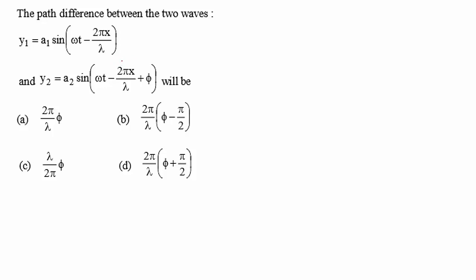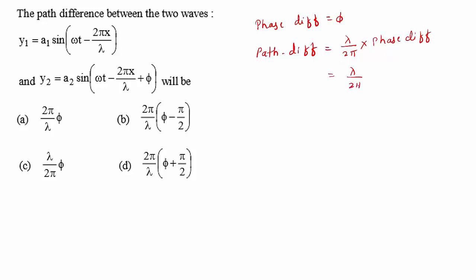Phase difference is denoted by phi, and path difference is given by the equation lambda divided by 2 pi into the phase difference.